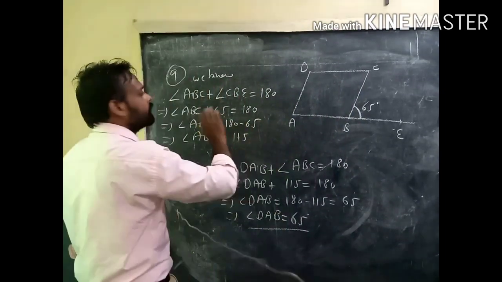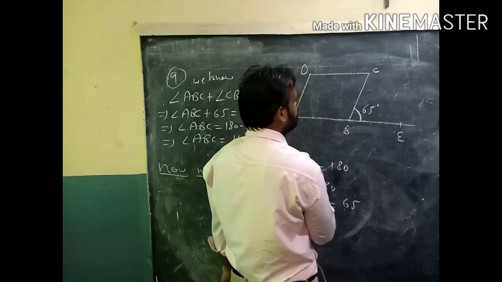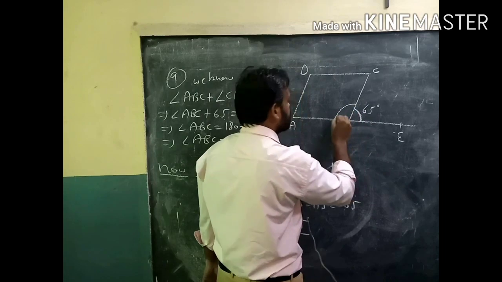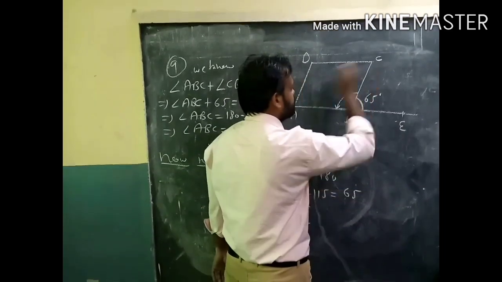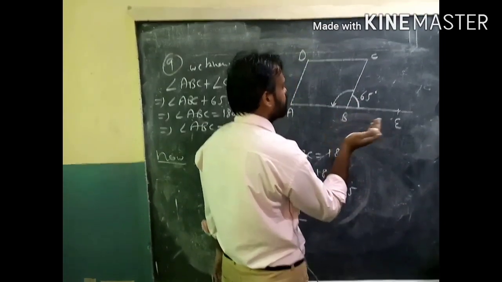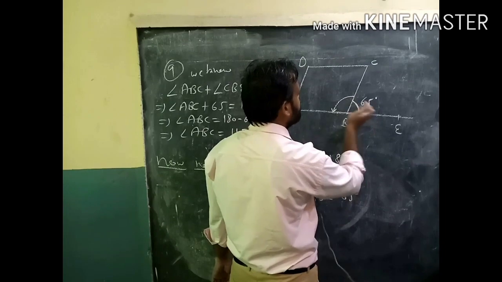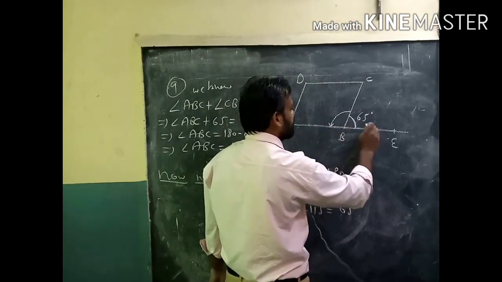So okay, now you can see how we can find all the angles. First of all, with the help of this 65 we can find this angle. How? This is a line, and on this line these two angles are formed. You know these angles are called linear pairs, meaning angles formed on a line.